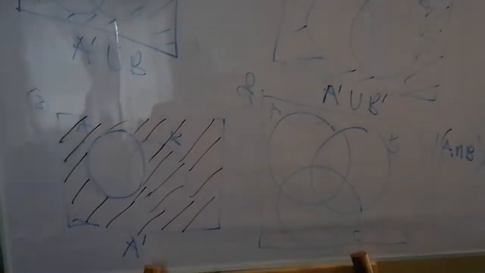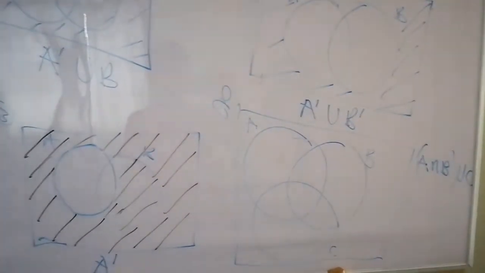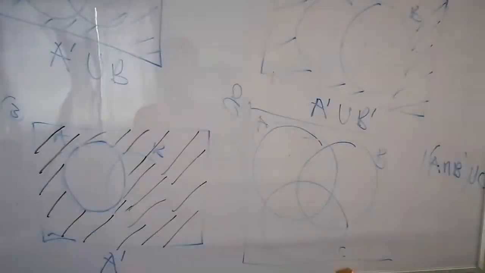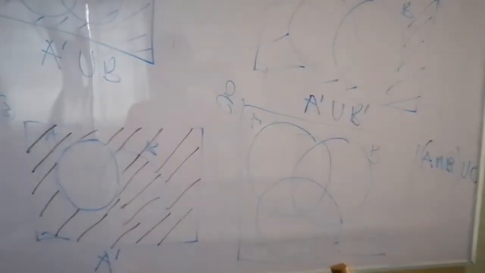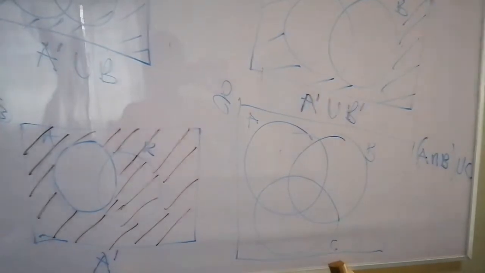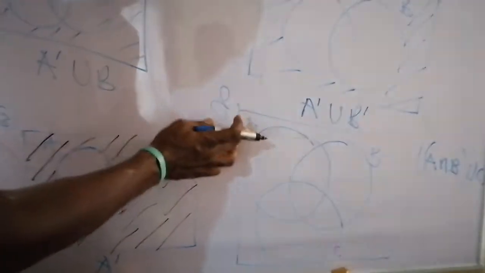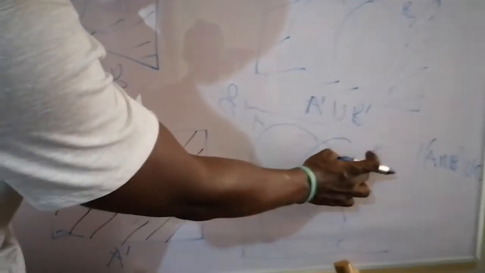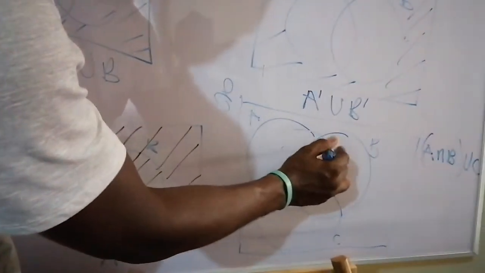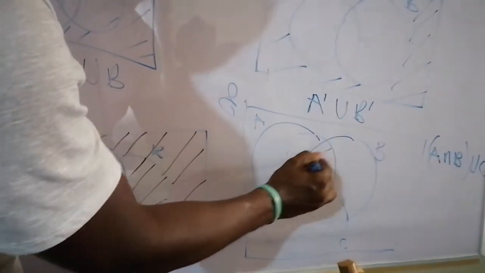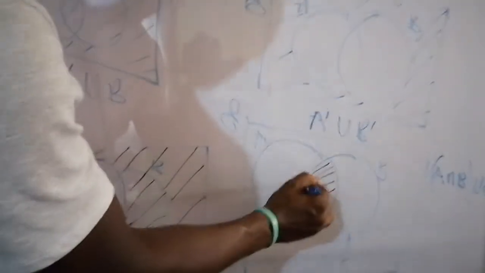And then finally we will have A intersection B, all of that union C. A intersection B union C. So A intersection B will be here. So this is A intersection B. This will be what it is.